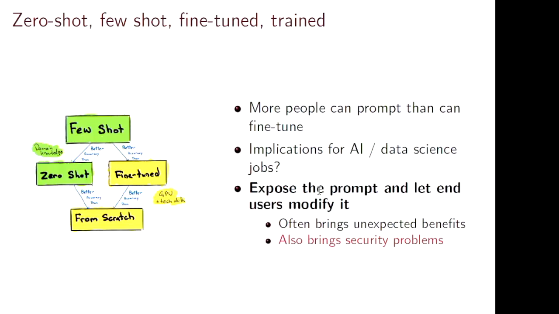Maybe you would look up a database to get the prompt, so that somebody could modify it just by editing a record in a database somewhere. And the reason for that is it often brings weird, unexpected benefits. You won't know the domain area as well as some expert there, and the expert might well say, oh, well, of course you've got to consider 17 different things that you wouldn't have thought of. Makes your prompt 10 times bigger, but it suddenly gives them the power to do all sorts of stuff. Of course, exposing the prompt brings security problems, like prompt injection.